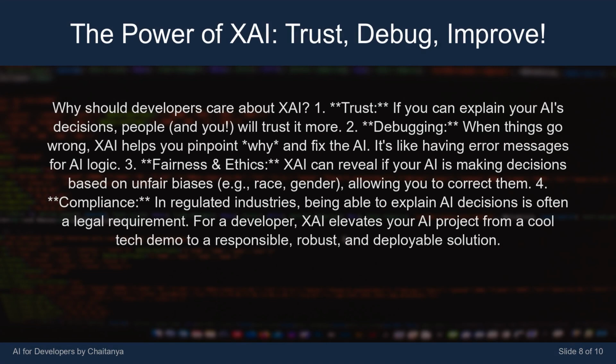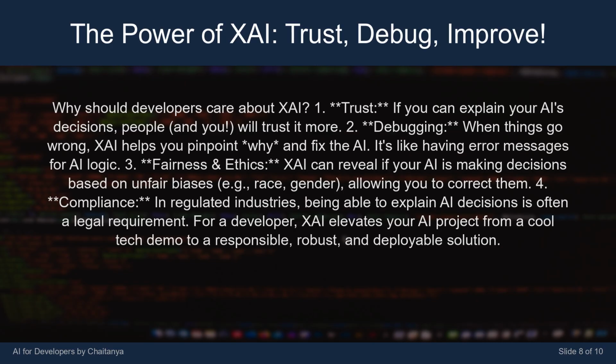Why should developers care about XAI? 1. Trust. If you can explain your AI's decisions, people, and you, will trust it more. 2. Debugging. When things go wrong, XAI helps you pinpoint why and fix the AI. It's like having error messages for AI logic. 3. Fairness and ethics.